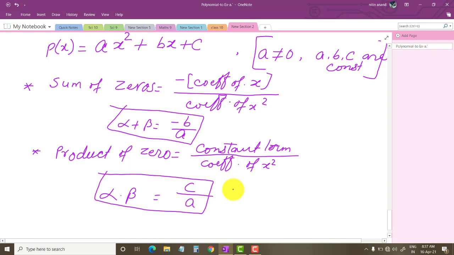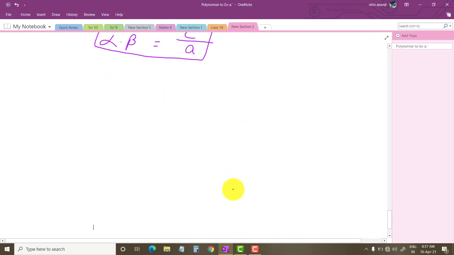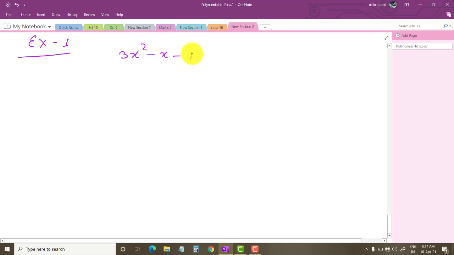Now we will discuss a question based on this theory. See example 1. Suppose we take the polynomial 3x squared minus x minus 4.